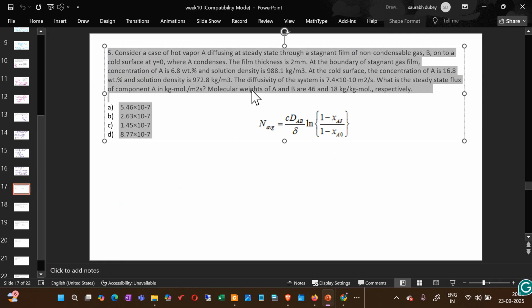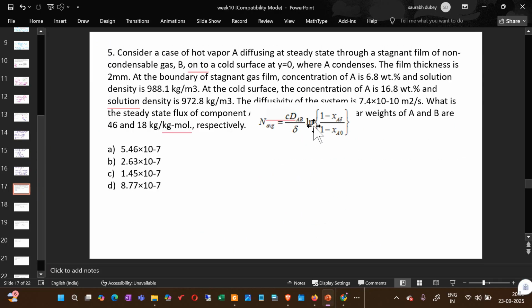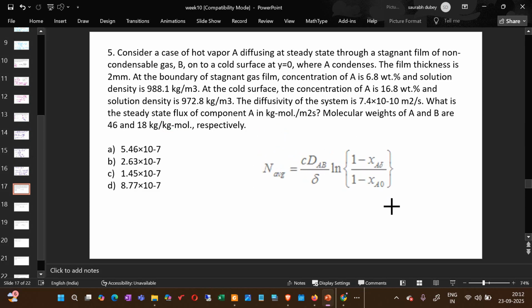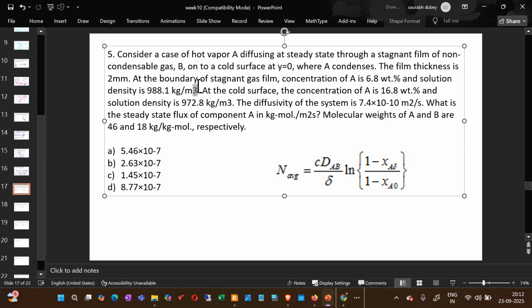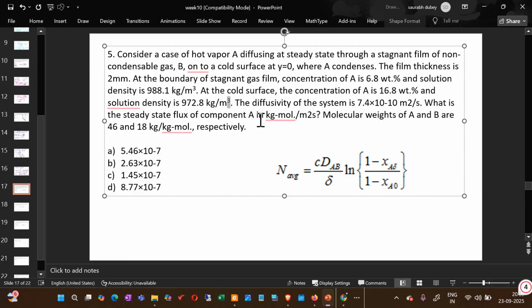This is a very good question as per this concept. So let me just fix it like this. These units I am fixing. Okay, consider a case of hot vapor A diffusing at steady state through a stagnant film of non-condensable gas B to the cold surface at y equals 0.